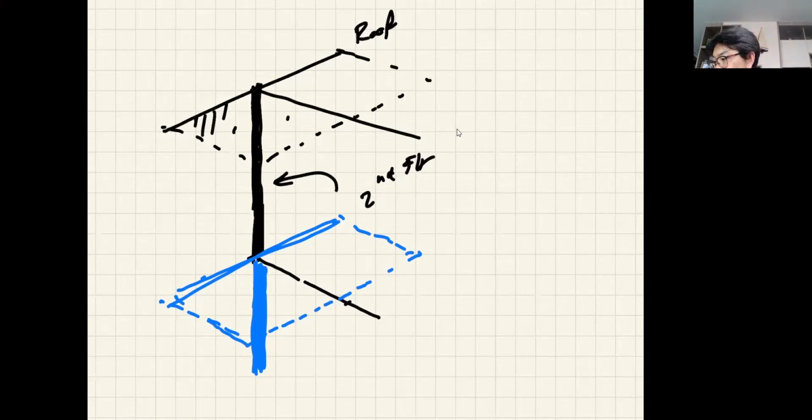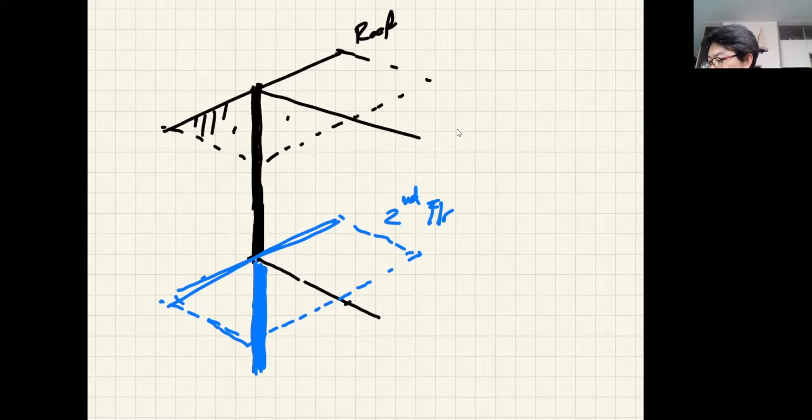So I can add that this one, you know what, this is confusing. So let me erase this first. And I try to write this as second floor. And let's say erase this first. Okay.